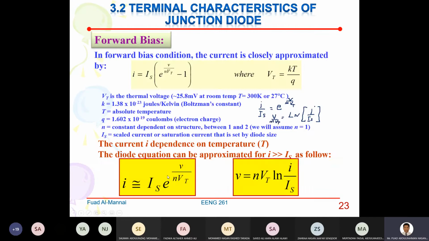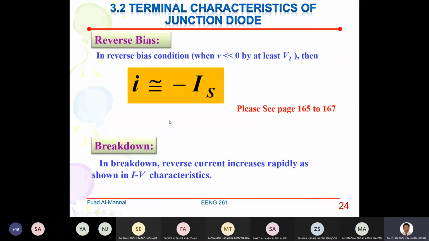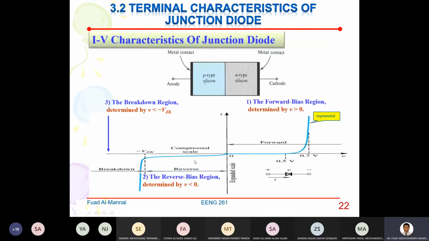All right. So when it is reverse bias, ID is equal to minus IS, of course, which is the reverse bias current. And in the breakdown, when the diode breaks down, we will see that the current increases rapidly, as shown here in the ID versus VD characteristic of the diode.